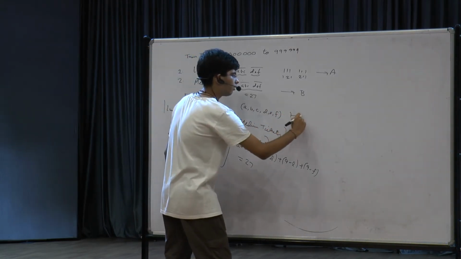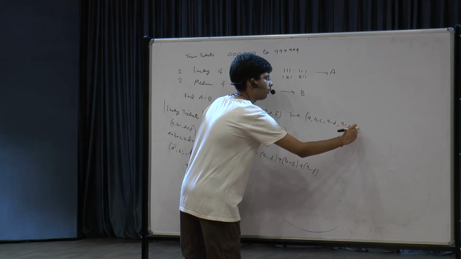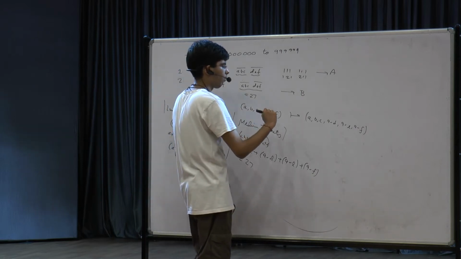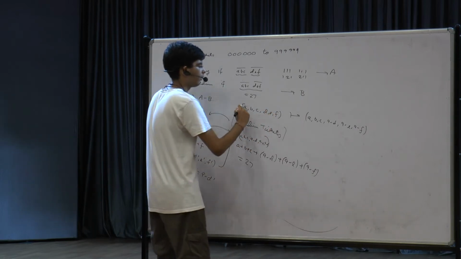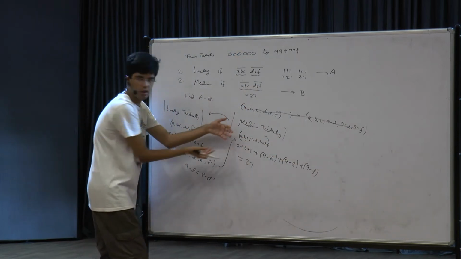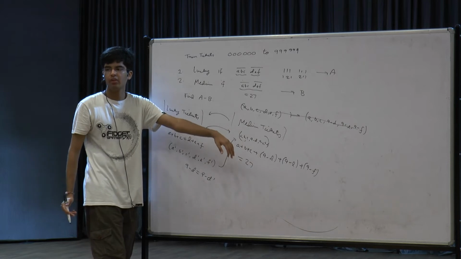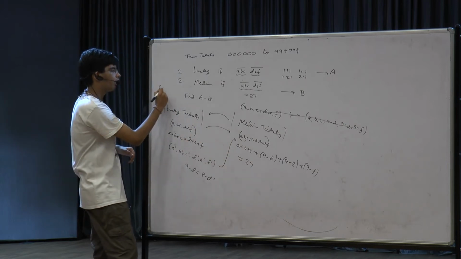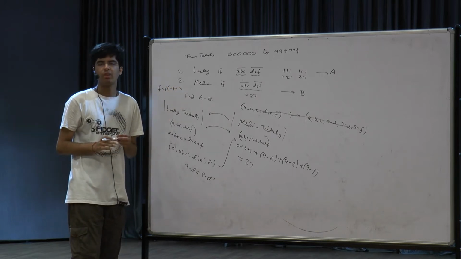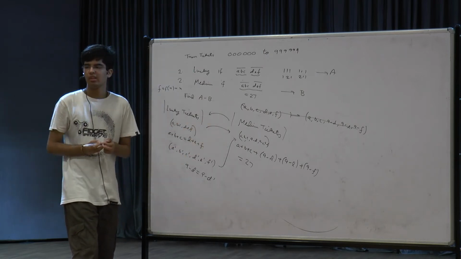You change this to A, B, C, 9 minus D, 9 minus E, 9 minus F. When you compose this with itself, 9 minus D again becomes D, 9 minus E again becomes E, 9 minus F again becomes F, and then you get the same thing back. So we'll use the involution idea, f of x is x, and we'll be able to get a bijection. There'll be some details here, but I think the idea is this, so that's fine.